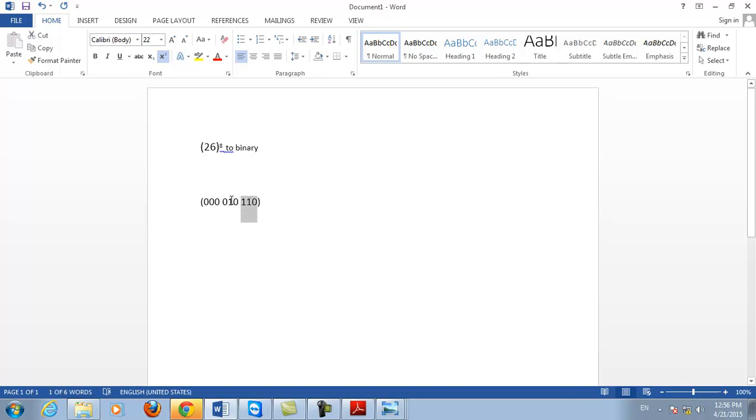It means the group 110 is equivalent to 6, 010 is equivalent to 2, and 000 is equivalent to 0. This is the octal number of the binary representation.